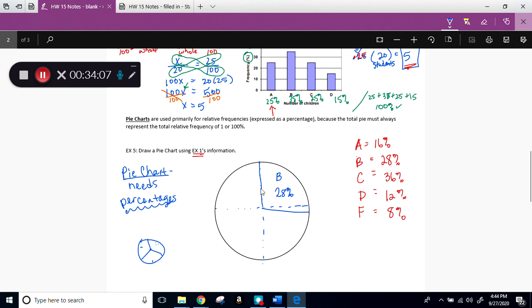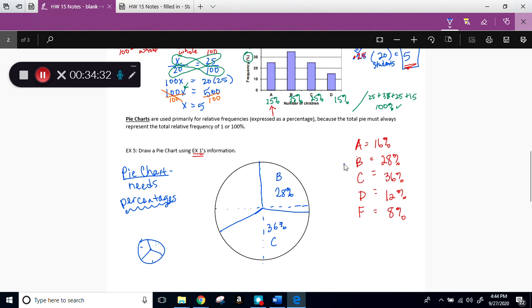So I might even start here and go a third. But since we've already started here, we've gone over a little bit, we'll just make it come over a little bit higher on this side. Okay, so that is going to be the 36%, which is C.